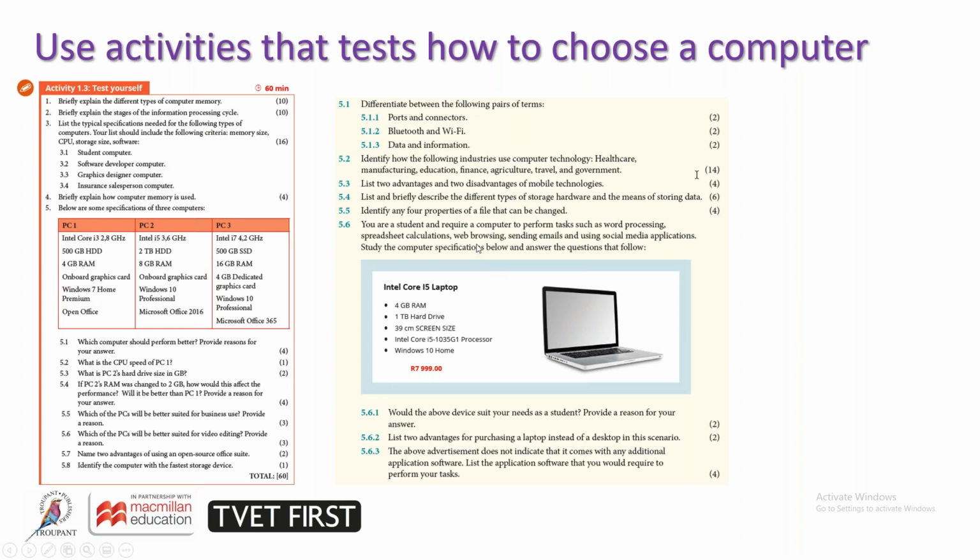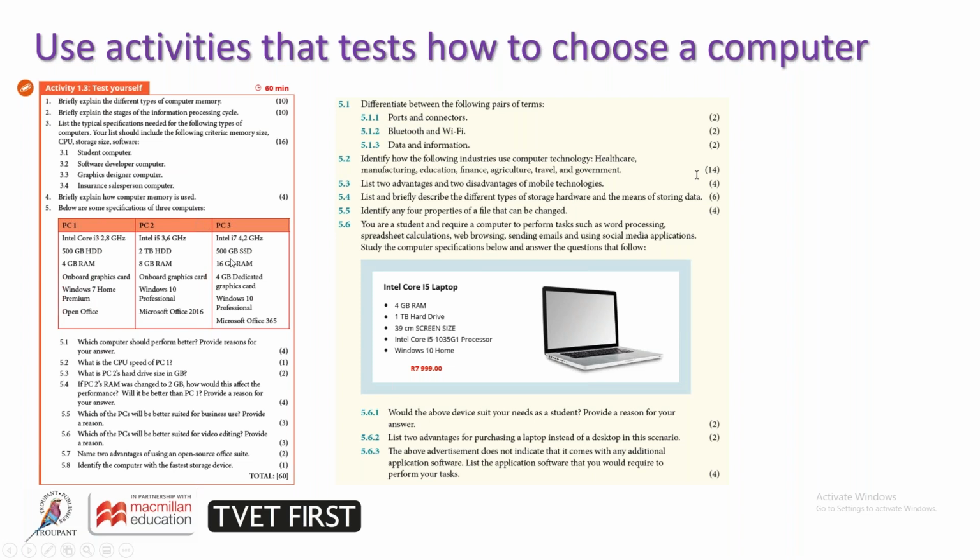You don't have to physically go through it, but if you do have time, maybe just give them the question and maybe do a small video on the answer. If this is the question, and PC1, PC2, PC3 are the options, which would be the best option for this particular question? And how did you come to that understanding?